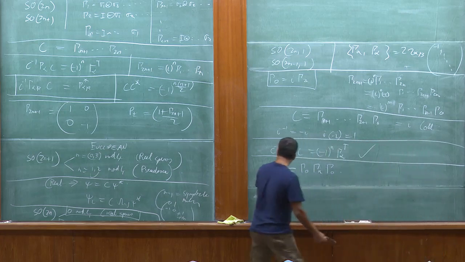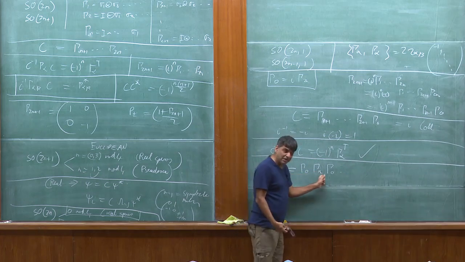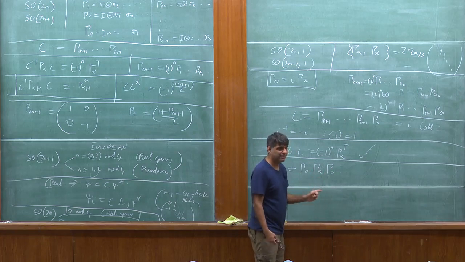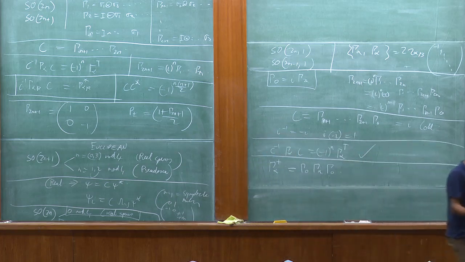On the other hand, if you choose this to be gamma 0, then taking gamma 0 through doesn't give you any factor. Gamma 0 squared is minus 1. But gamma 0 dagger is minus gamma 0, because we now multiply by an extra I compared to gamma 2n. So this also works. So this is a true equation.